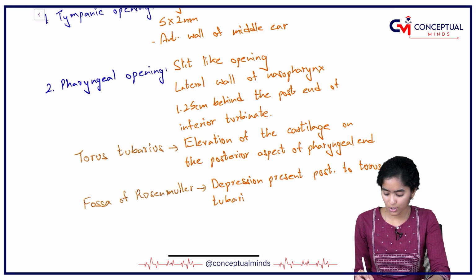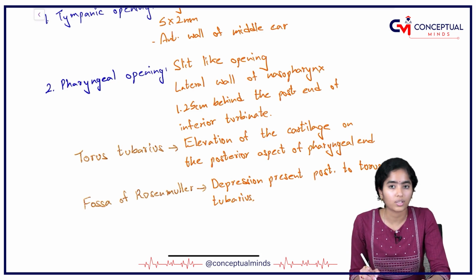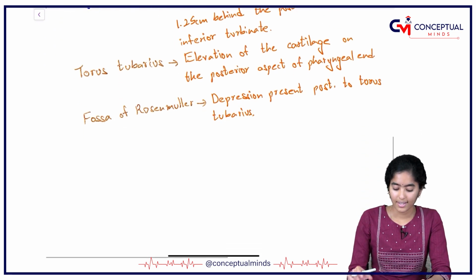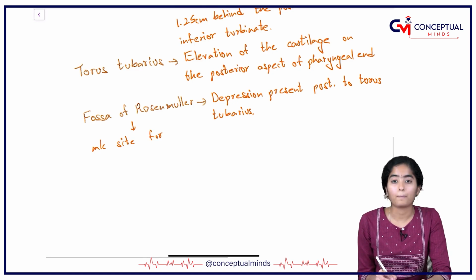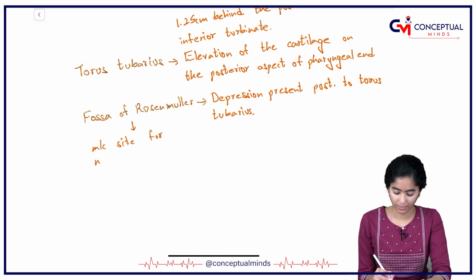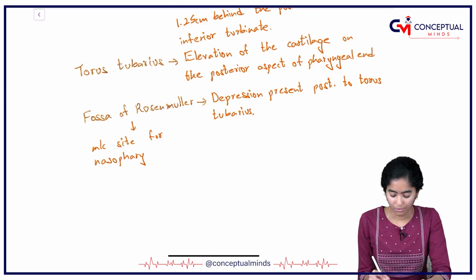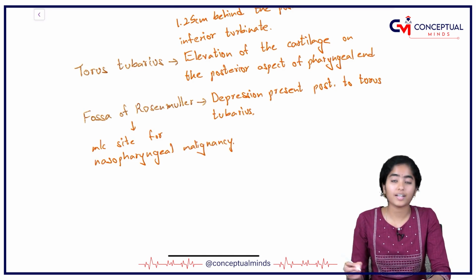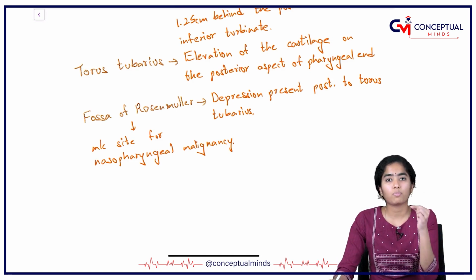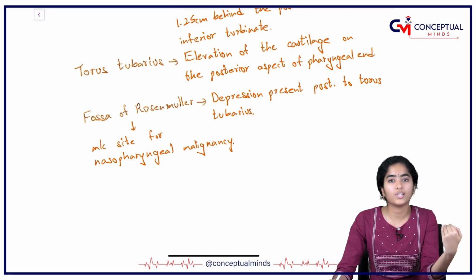And why is this fossa of Rosenmuller so important to us? Because this is the most common site for nasopharyngeal malignancy. And that is why fossa of Rosenmuller is important. It's a small depression that is present on the posterior end.